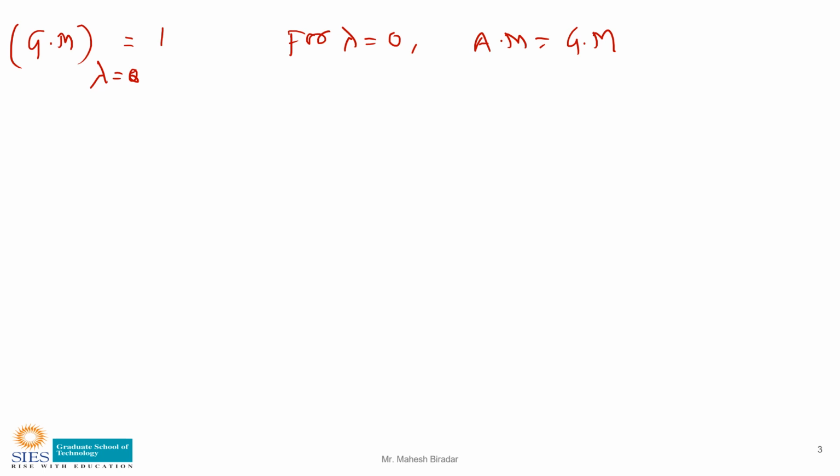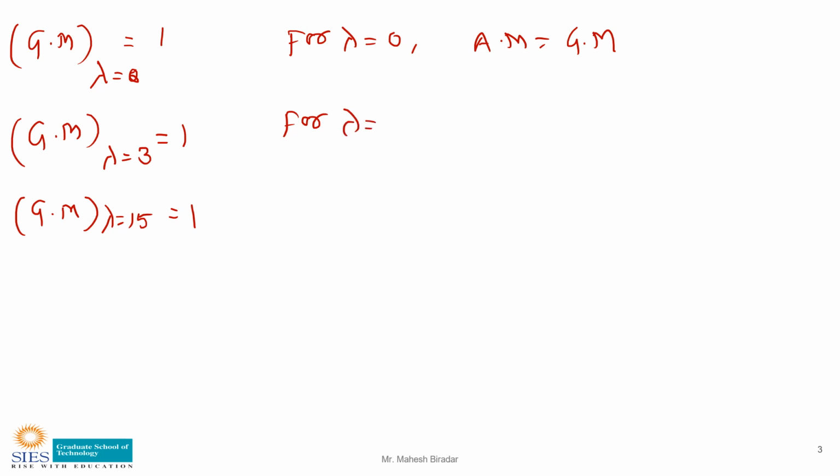Similarly, if you find for lambda equal to 3, GM is 1, and for lambda equal to 15 also, GM is 1. So in short, for lambda equal to 3, AM equals GM, and for lambda equal to 15, AM equals GM.